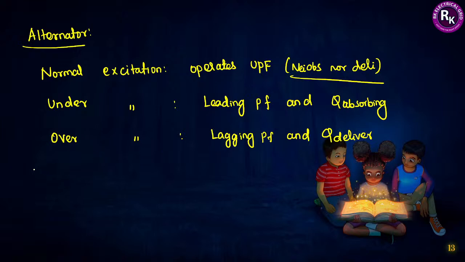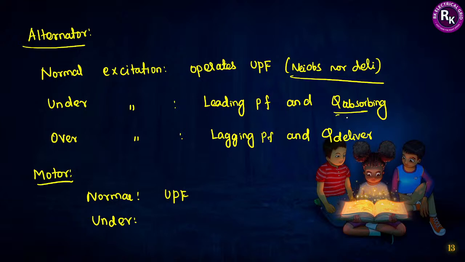If I am talking about the motor, in all these three situations: first, under normal excitation the motor will operate at unity power factor, neither absorbing nor delivering the reactive power. Second, under excitation, the motor absorbs the reactive power.